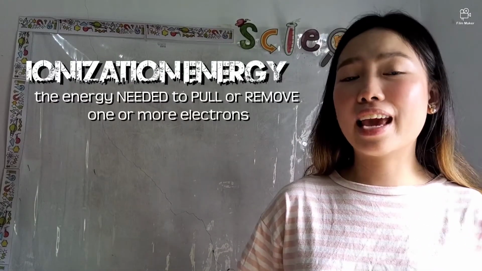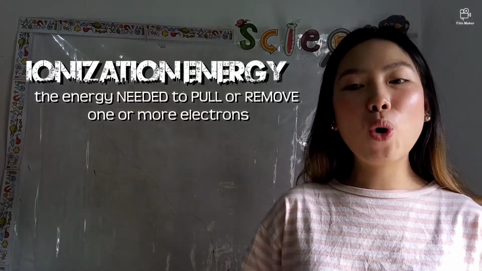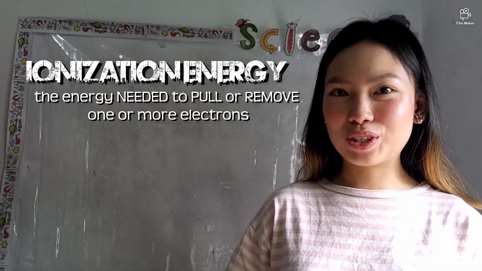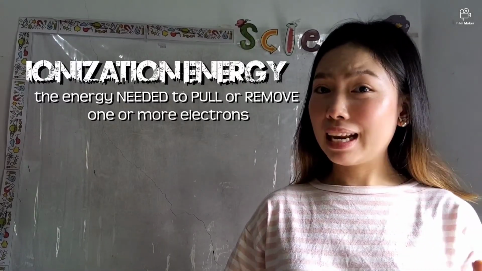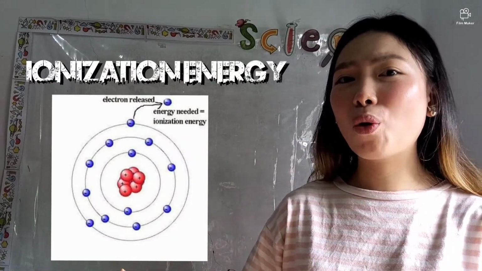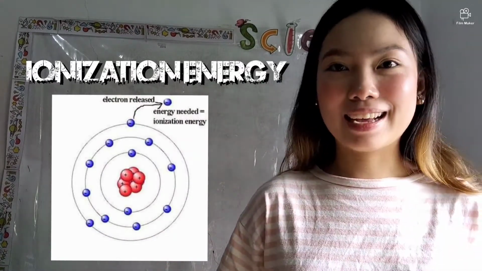Now, let's have ionization energy. When we say ionization energy, it is the energy to pull or remove one or more electrons. So, kung kanina ay para mag-attract o kumuha, ngayon naman is tendency to pull, remove, o magtanggal ng electrons.